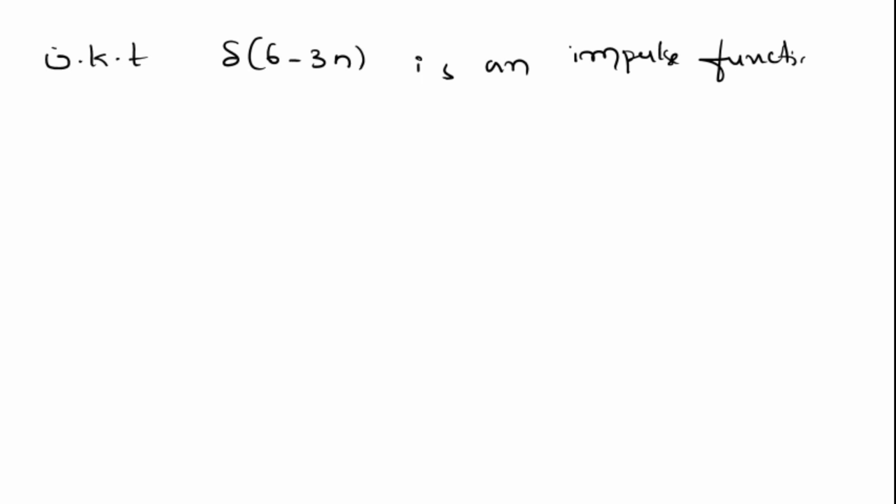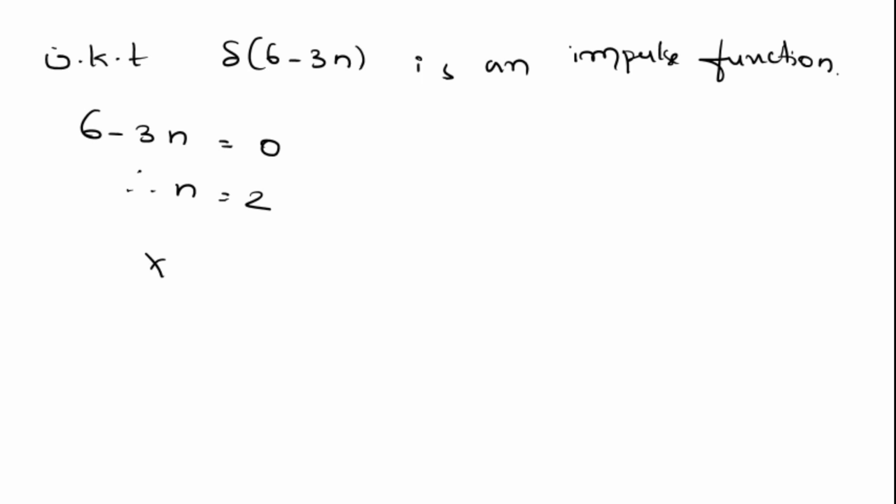We know that delta of 6 minus 3n is an impulse function. Its time of occurrence is obtained by equating 6 minus 3n is equal to 0. Therefore, n is equal to 2.